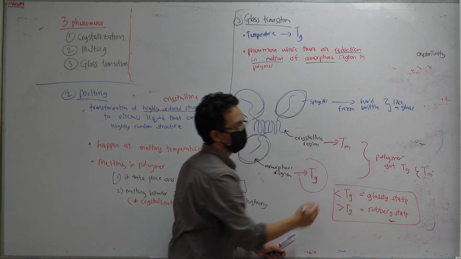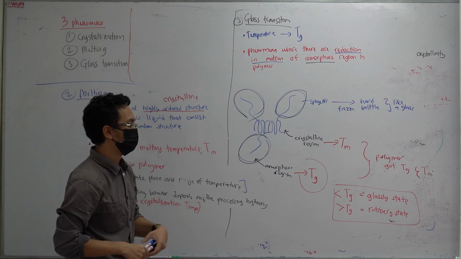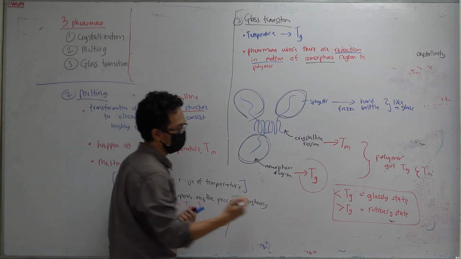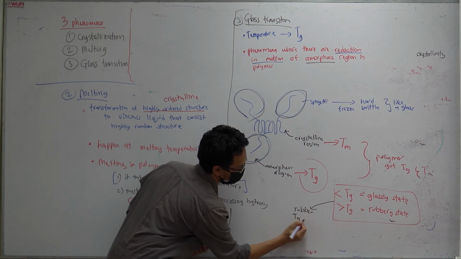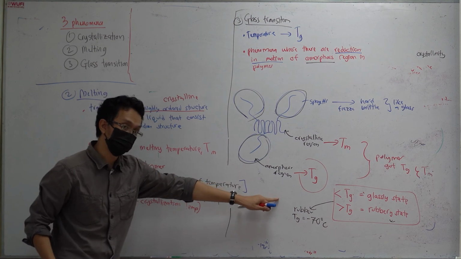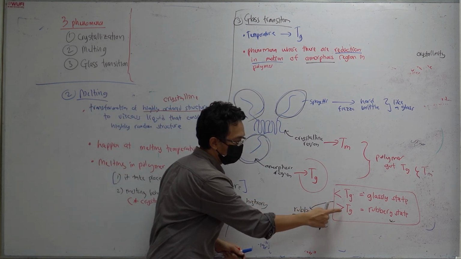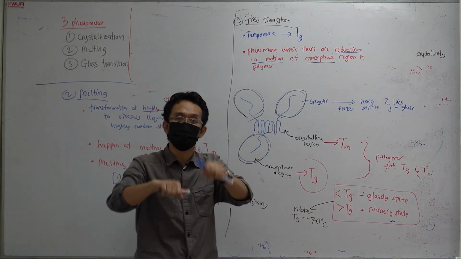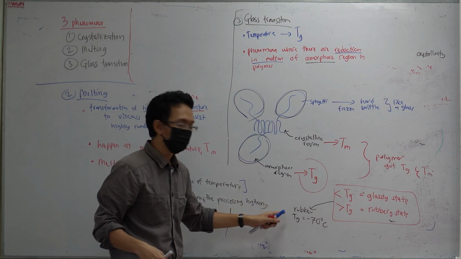Okay, what does it mean here? Let's say I give the example of rubber. Rubber has a TG around -70 Celsius. So meaning that above TG, you get something that can move, right? Rubber tire, like a car tire.